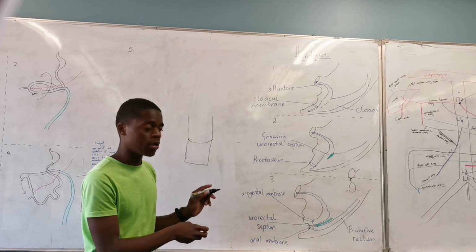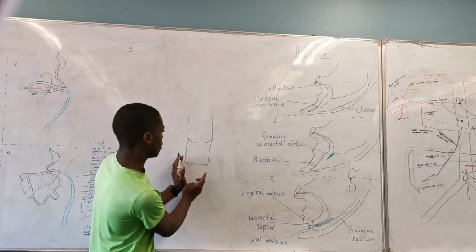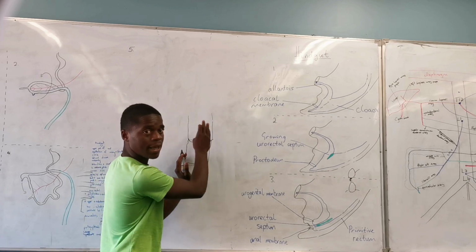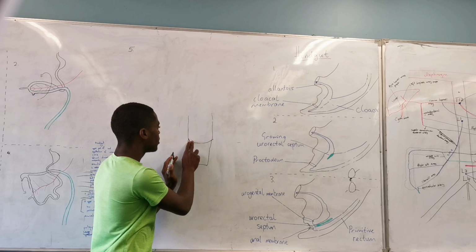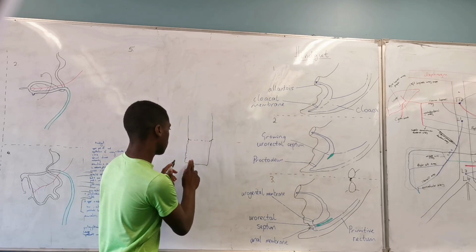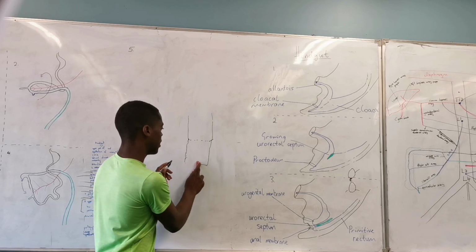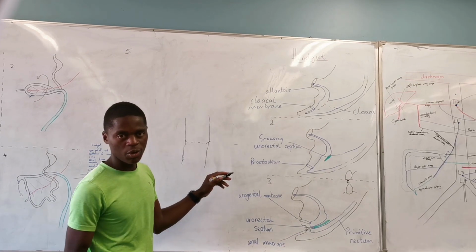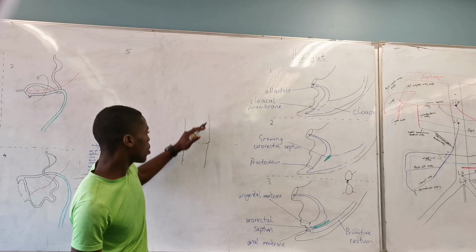There's going to be fusion between this region of ectoderm and the hindgut, okay? And the area where they fuse is going to form what we call our pectinate line, or the white line. So this is where we have the transition.